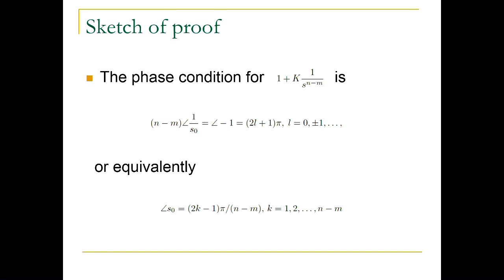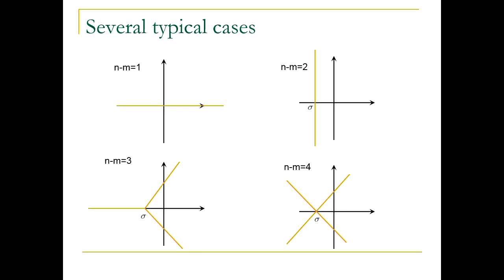Rather than going into the algebra of these formulas, I want to present just what this means for different cases when n minus m is 1, 2, 3, 4, etc. It's very easy. You're basically dividing a pizza into equal parts. For n minus m equal to 1, there is one asymptote, and actually that's the real line.